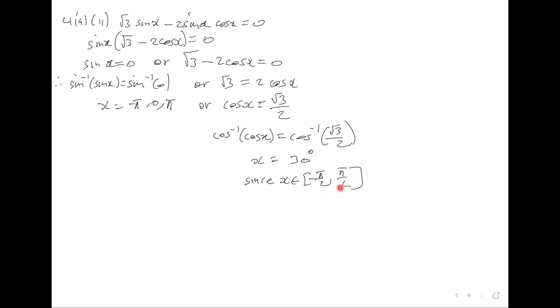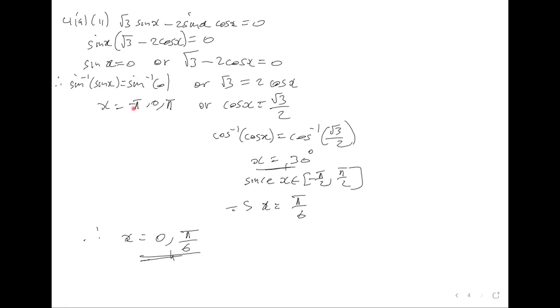Okay. So this gives us this value, which we can write as pi over 6 in the radian measure. So considering the domain, we now have x being equal to 0 and pi over 6.